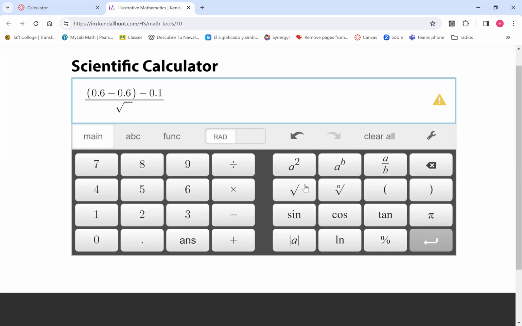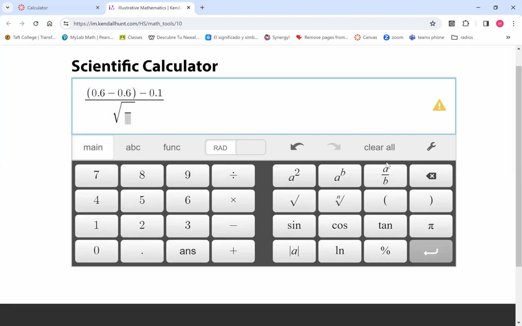a square root. And remember, I have two fractions with a plus in between. So let me do my fraction plus my other fraction. Make sure all of this is inside the square root, okay? I'm moving my arrows to go back and forth.